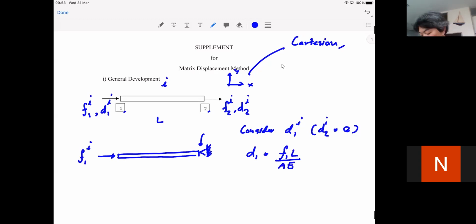Or PL over AE, but now represented in terms of F instead. So from this I can also write the force F1 equals AE over L multiplied by D1.